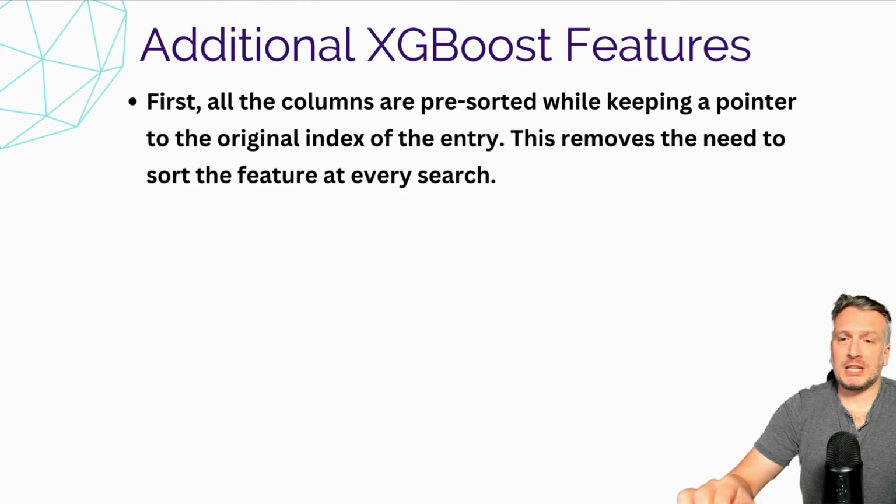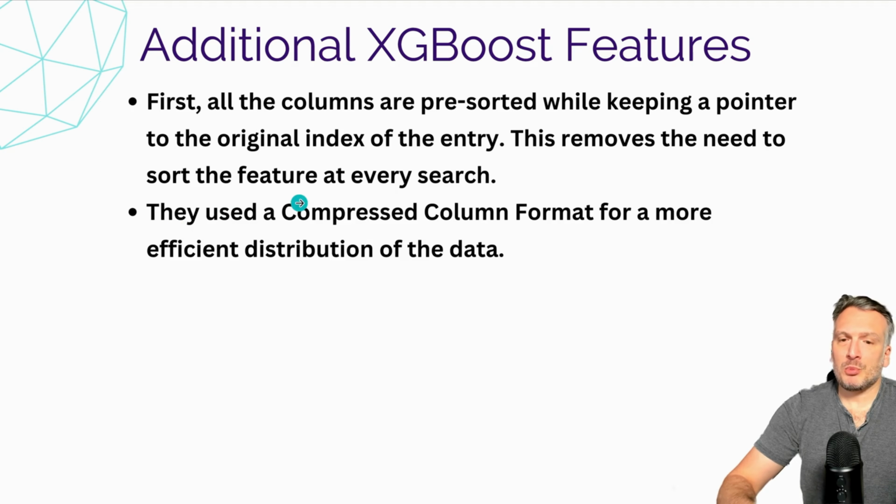Sorting has a time complexity of n log n, so it is good to not have to redo this step over and over. They use the compressed column format for a more efficient distribution of the data. When we parallelize the model, we need to send the data on different threads of the CPU, so it is interesting to have a specific format that allows to do that efficiently.